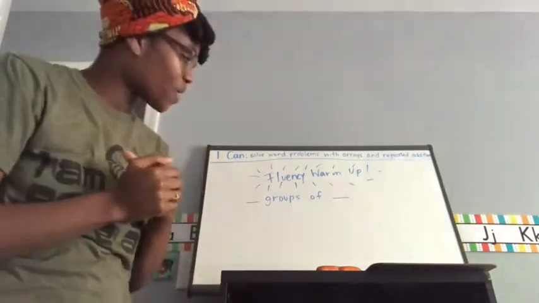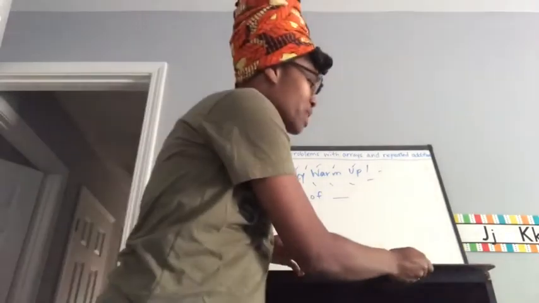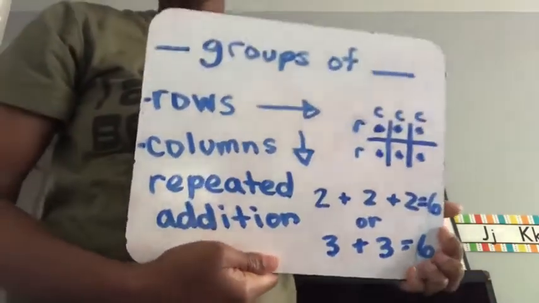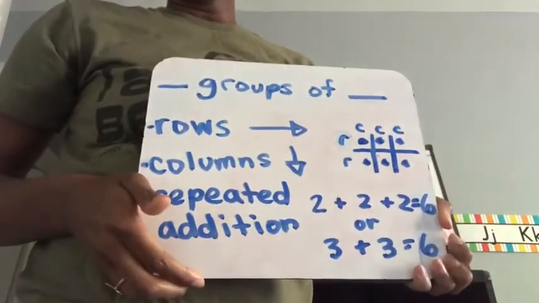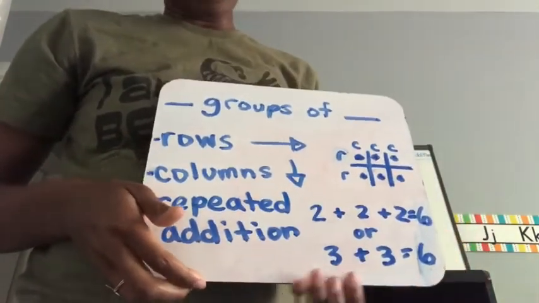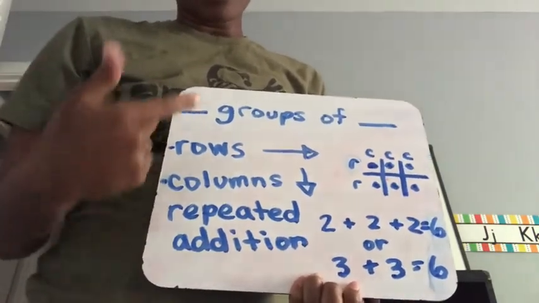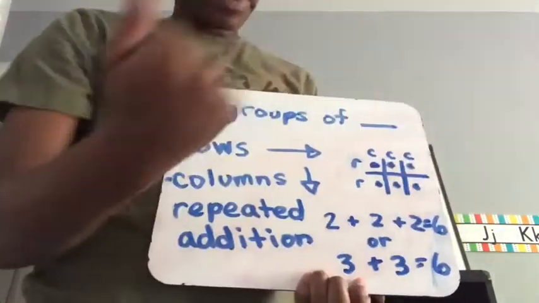Got it? Okay, cool. So before we get started, let's review a little bit about what we've learned so far. We know that when we're talking about equal groups, we want to use the sentence starter, blank groups of blank.